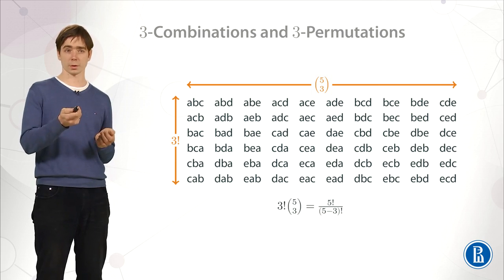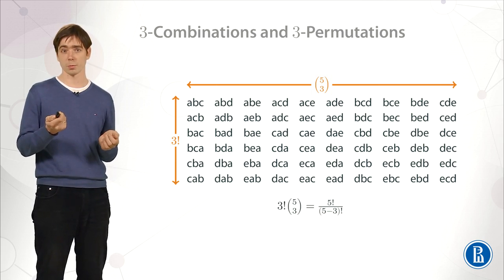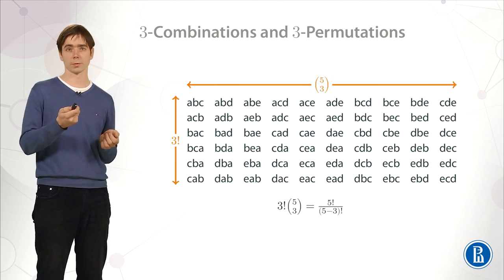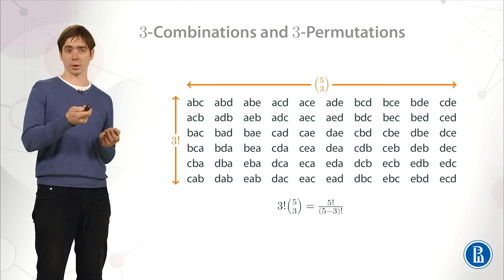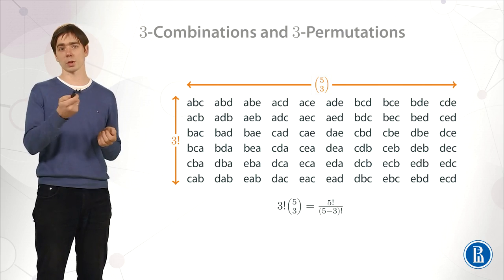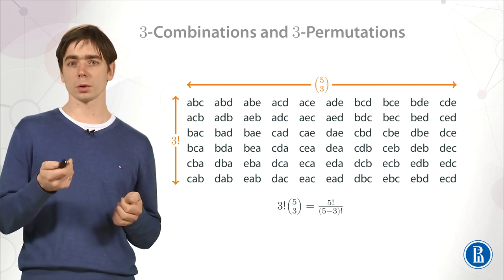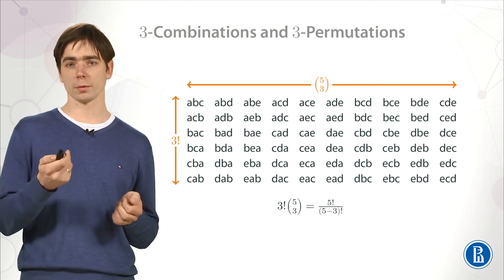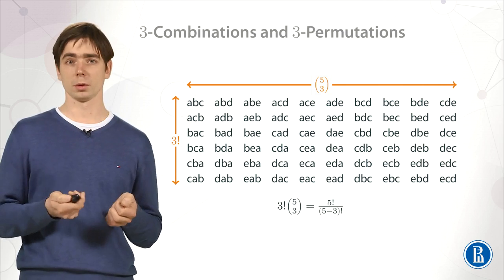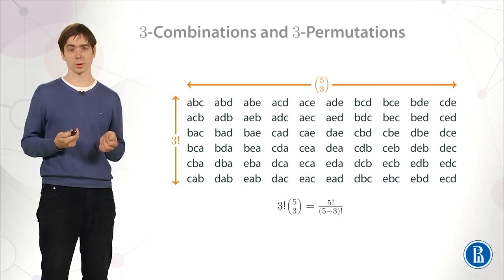And so we get that the number of cells in this table, which we already know is the number of 3-permutations, is 5 factorial divided by 5 minus 3 factorial. So then the number of rows times the number of columns is equal to the number of cells. So we have 3 factorial multiplied by 5 choose 3 is equal to 5 factorial divided by 5 minus 3 factorial. And this is how we have found what 5 choose 3 is equal to.